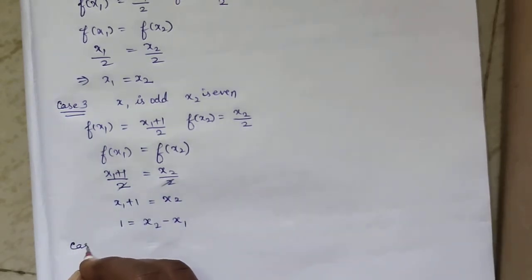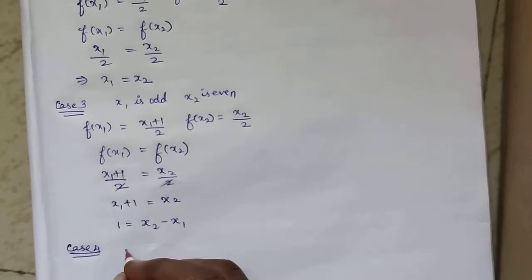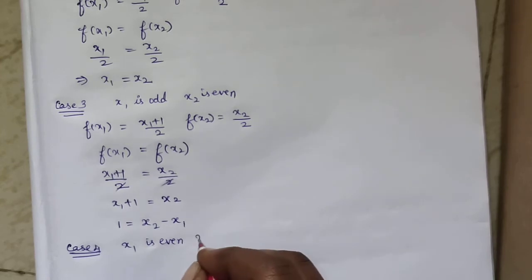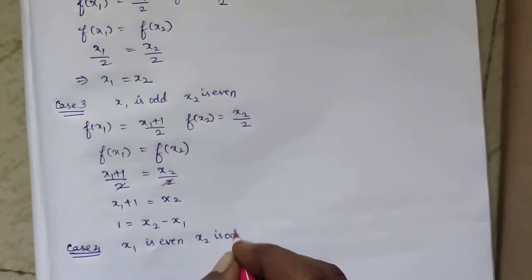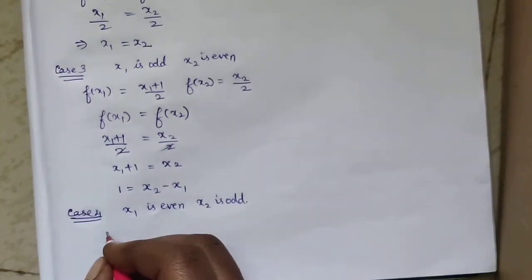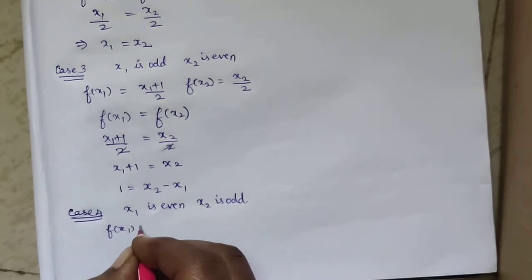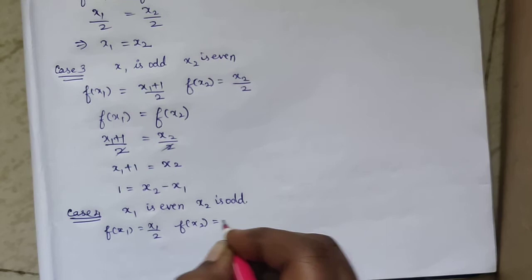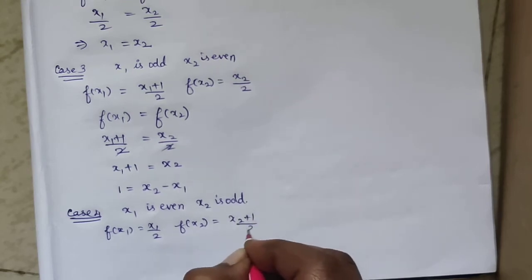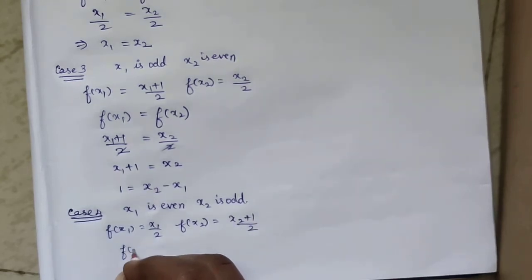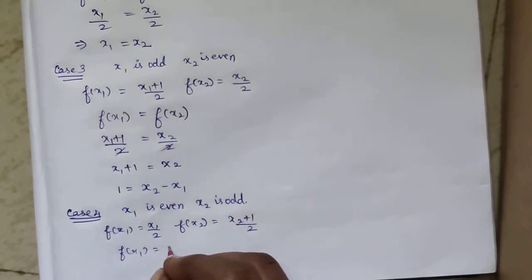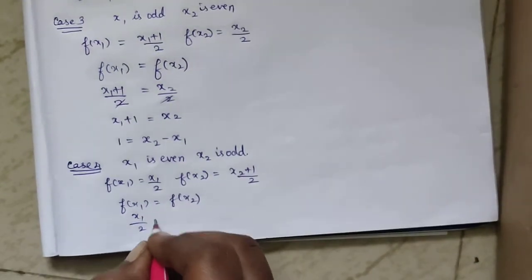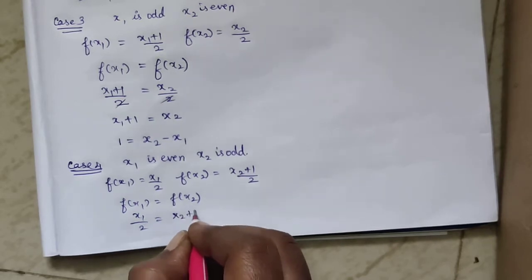Now go for case 4. x1 is even, x2 is odd. f of x1 is equal to x1 by 2. f of x2 is equal to (x2 plus 1) by 2. So f of x1 is equal to f of x2, so x1 by 2 is equal to (x2 plus 1) by 2.